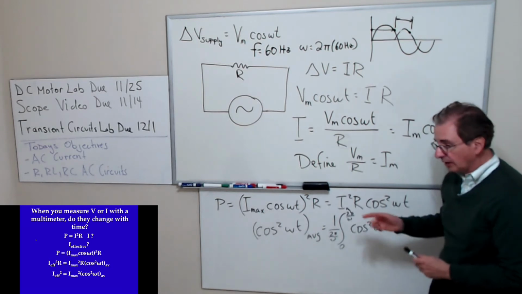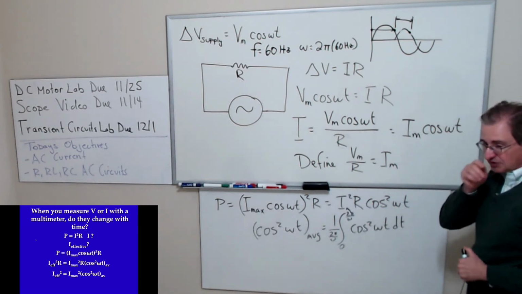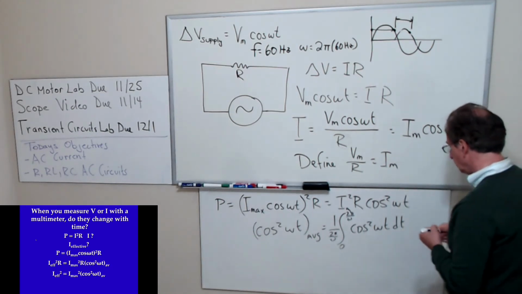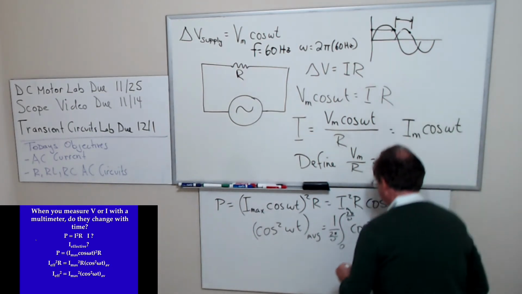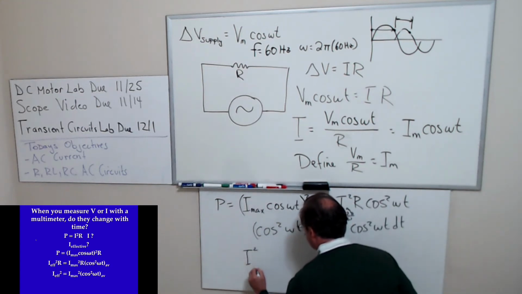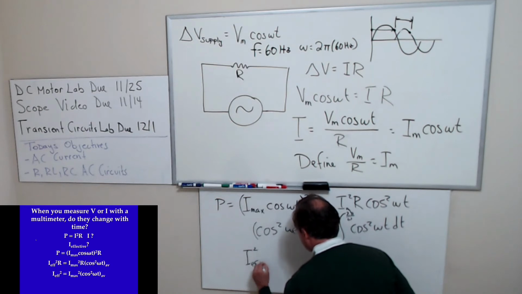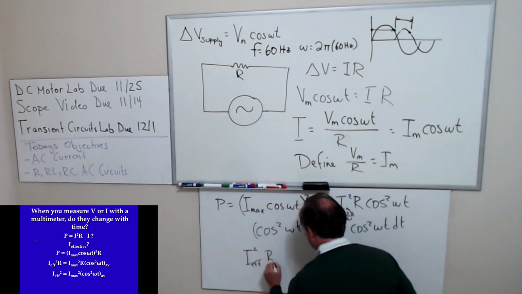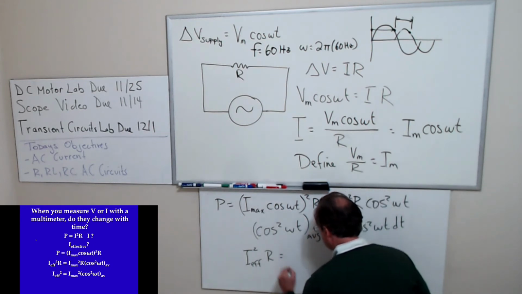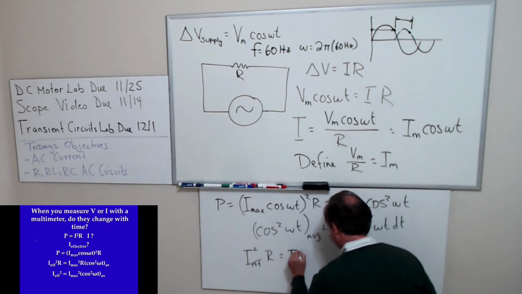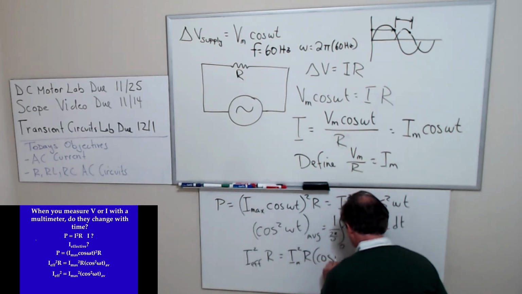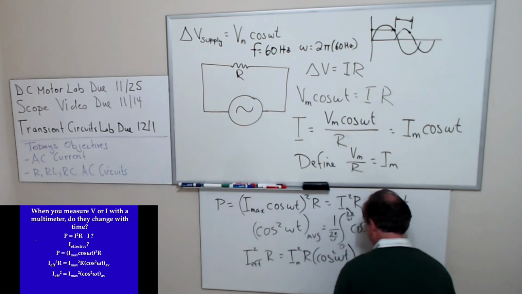And what we're going to get out of this is the effective current. What I want to say is that I squared effective times R is going to be equal to I max squared R times the average of cosine squared omega t.